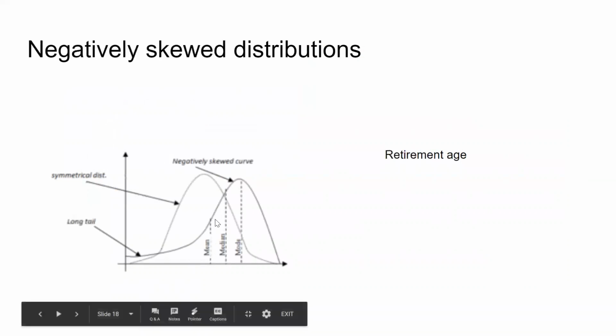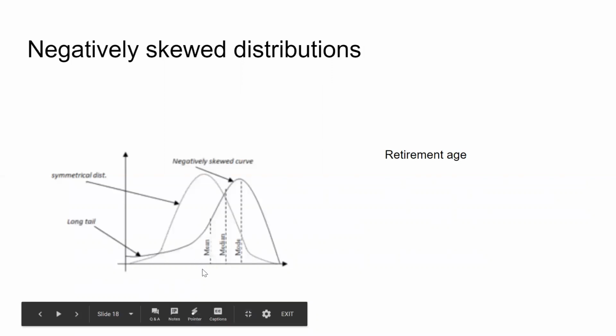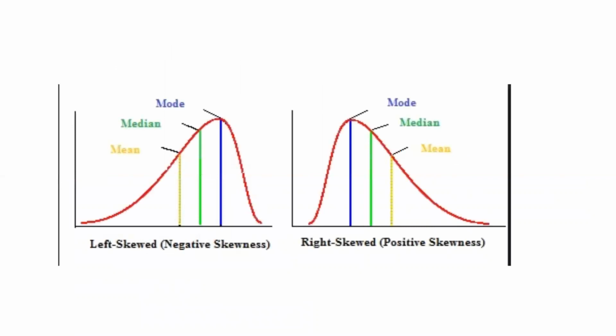They pull the mean down, so the mean age at retirement is less than the median age, okay? It's because they're younger, so they have a lower age here. So this would be an example of a negatively skewed distribution.